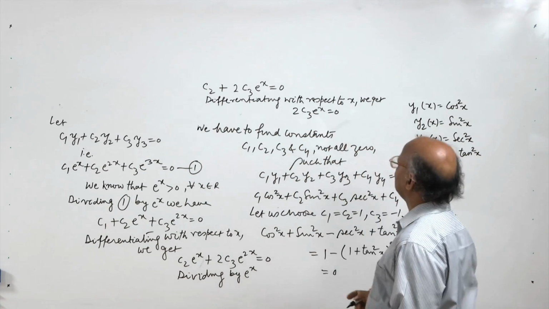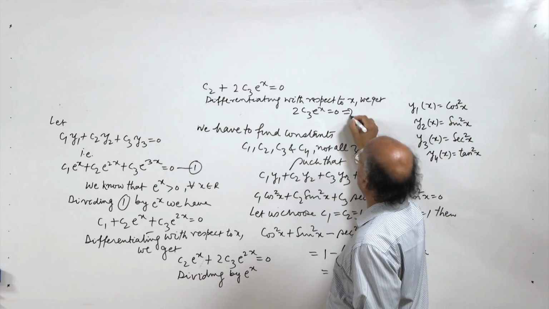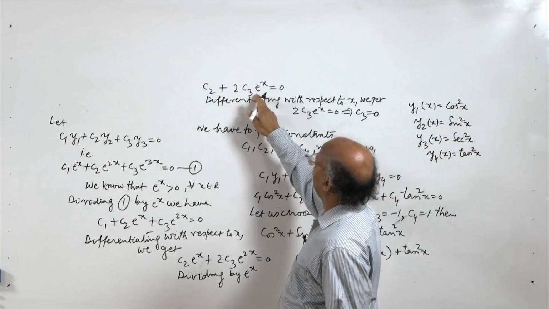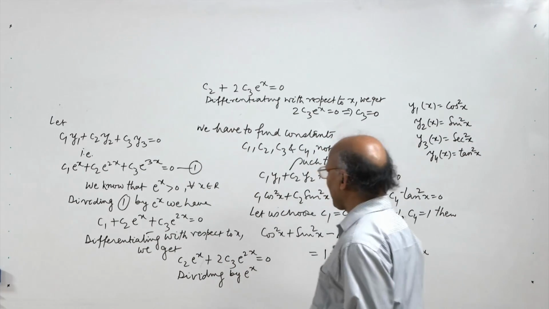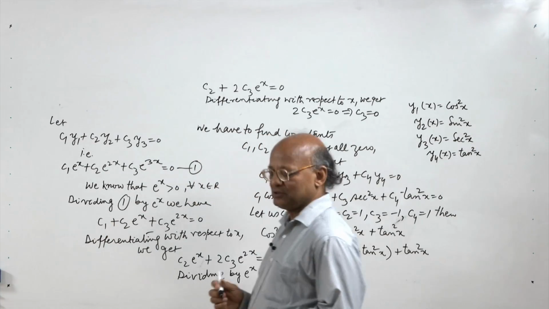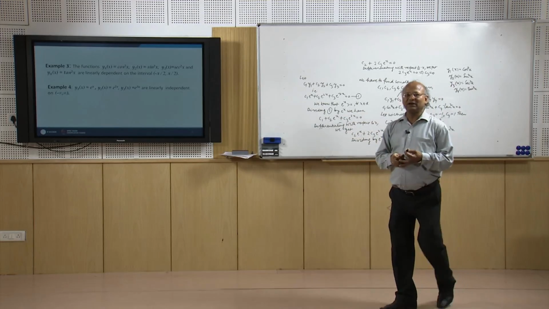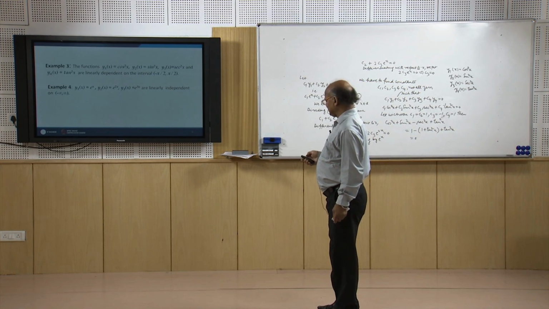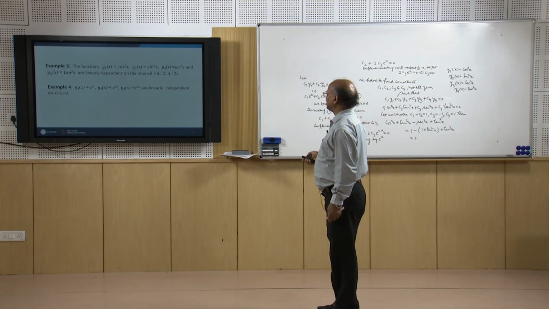Now, e to the power x is always positive. So this means that C3 equal to 0. When C3 is 0, from here we get C2 equal to 0, and then C3 and C2 equal to 0 give us C1 equal to 0. So we get C1, C2, C3 all are zeros. So e to the power x, e to the power 2x and e to the power 3x are linearly independent functions on the interval minus infinity to infinity.